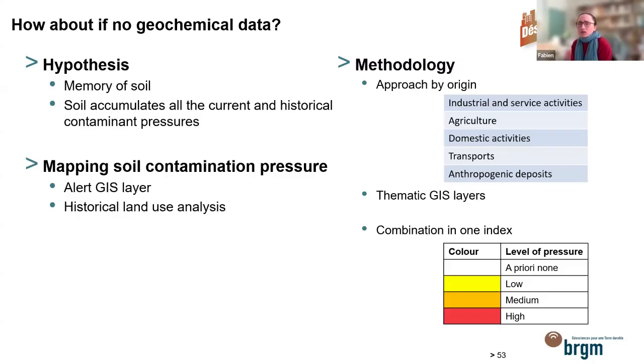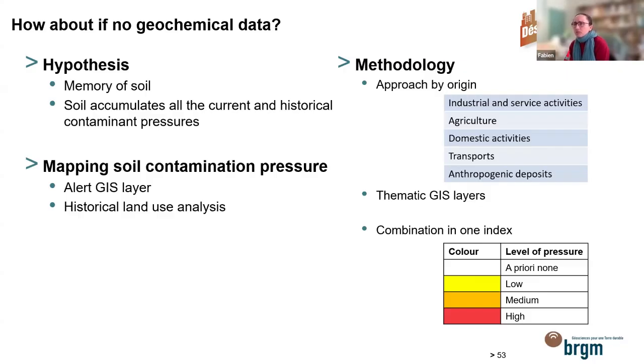And for this, we use a historical land use analysis. The methodology was developed within two French projects, the Décivil project, which is linked to desealing strategies, and Kazazan project, which is linked more to the no net land take and land degradation neutrality objectives together.